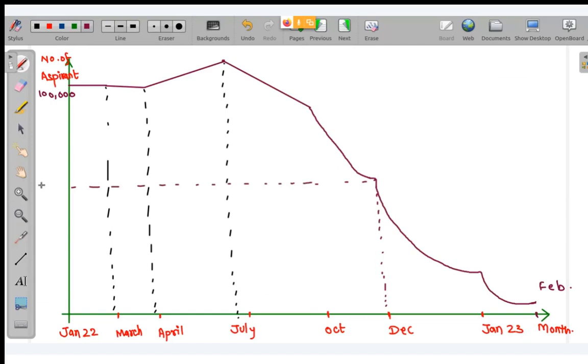At this point it will be like 50 to 60,000. At this point it will come down to 10,000. And before the exam, only 3,000 students will be left, not more than this. So your fight will be with these 3,000 students only.